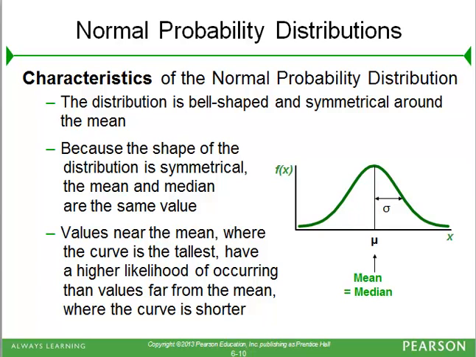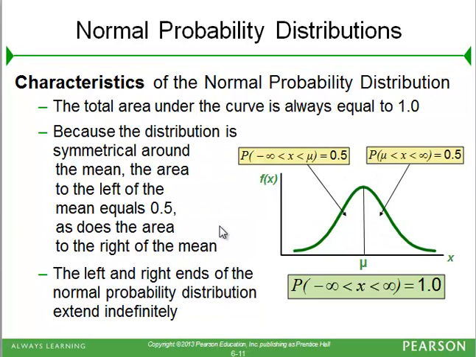The fourth feature: the total area under the curve is always equal to 1. Why? That means the probability of the values falling over the whole range is 100%. Because we use the area to represent the probability, the whole area is 1.